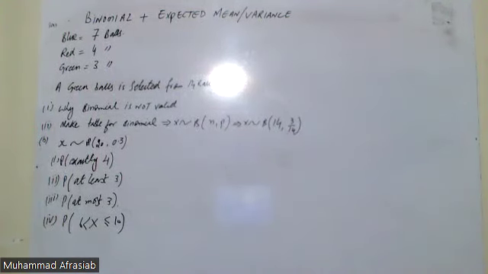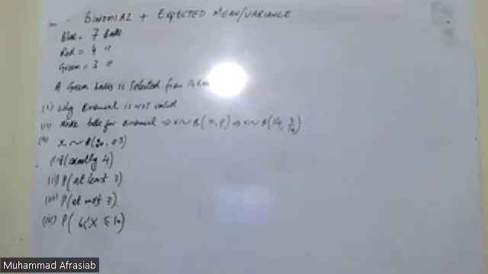So this is part A. Remember one thing: binomial is only valid when there are only two options, either success or failure. If there is a third option occurring, then the binomial theorem is not going to be valid.